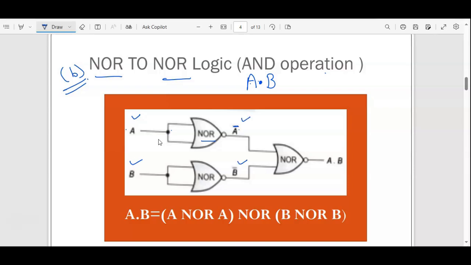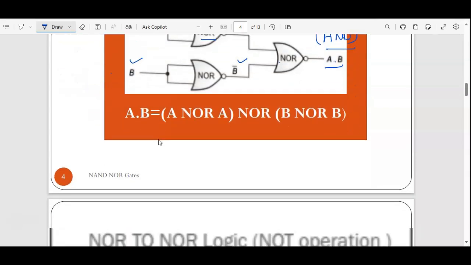When these two go inside, this will give you A bar, B bar, with a dot in between, and one more bar on top. When you simplify it, you will get A dot B, and A dot B is the AND operation. So if you want to apply the AND operation, this is the symbolic diagram.